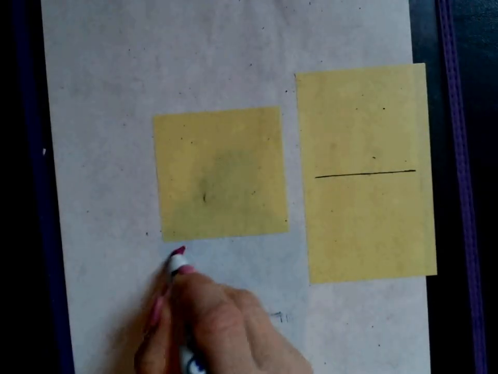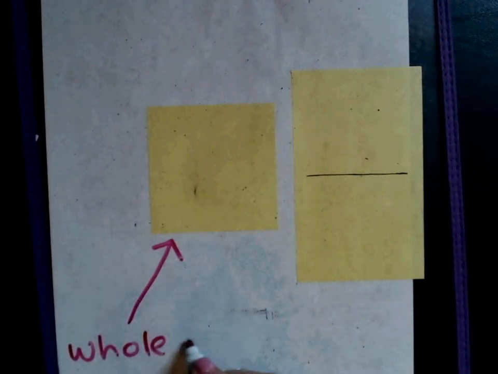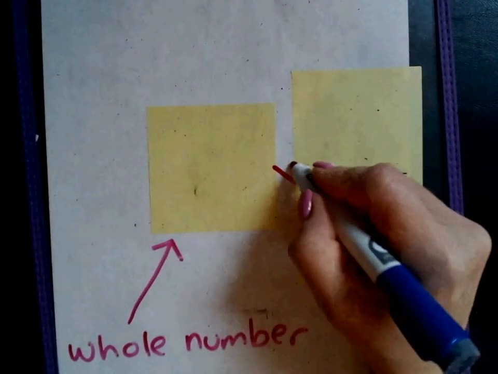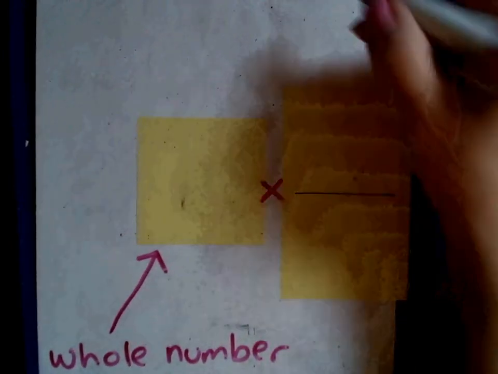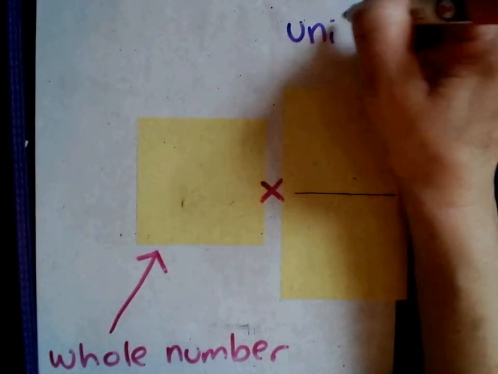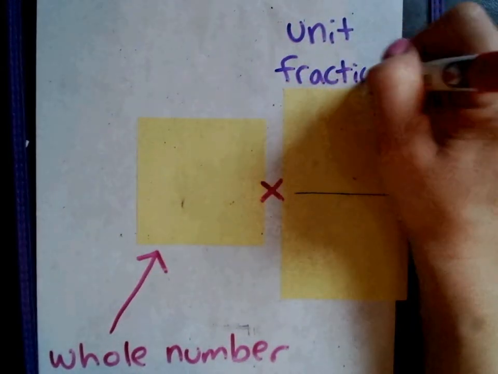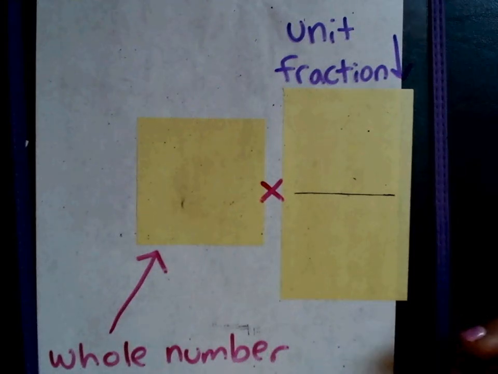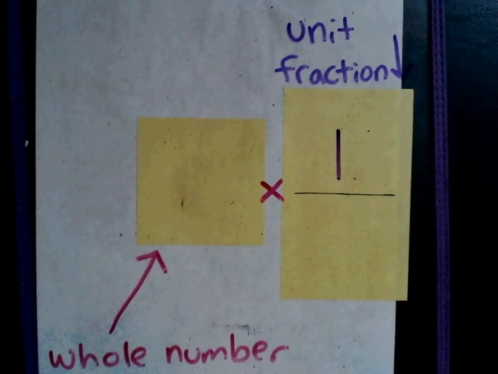Okay, so this number here is going to be your whole number times this number here, which will be your unit fraction. So when you're writing these out, remember the unit fraction will always have to have a numerator of 1.